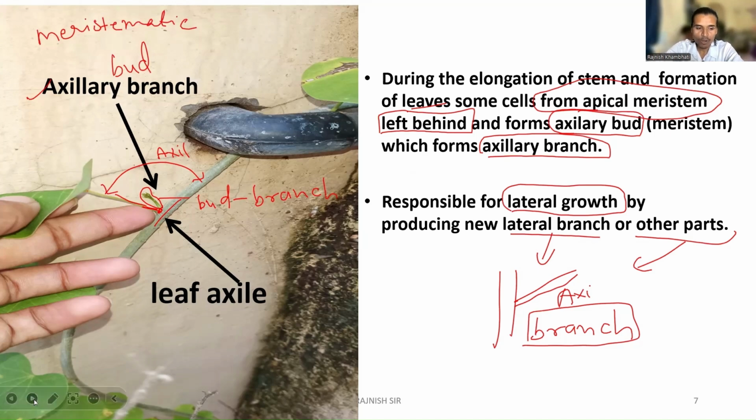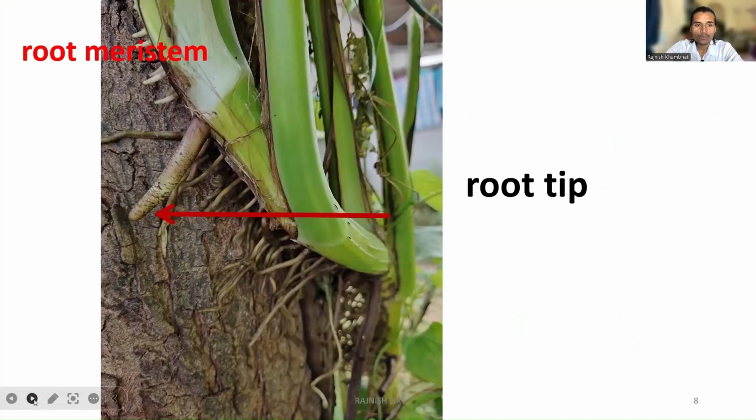I'm hoping that this point is clear for you. You can see this is the diagram. It's an image of a root tip. It is a money plant. Now this plant is growing with many roots like this, as you can see in the images.